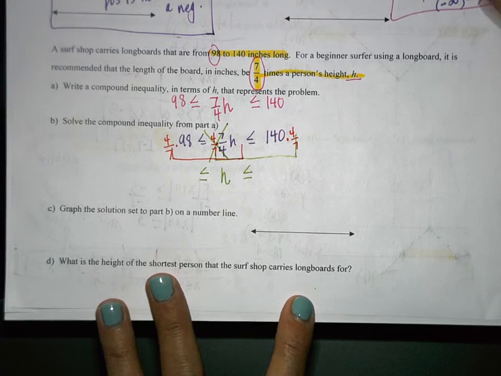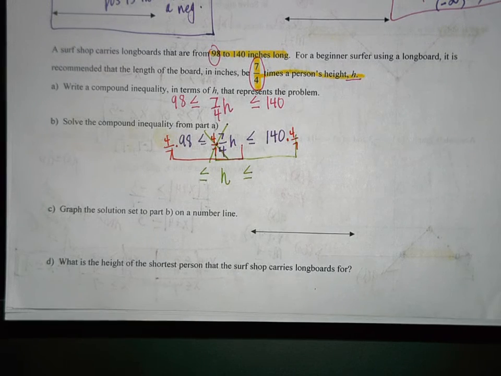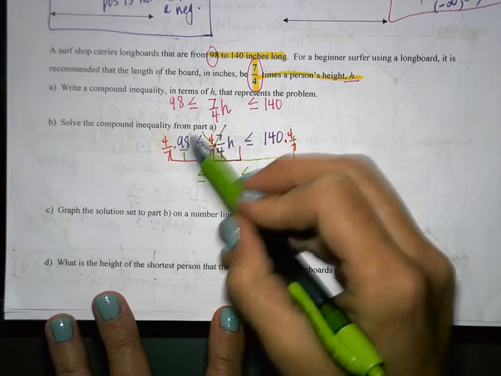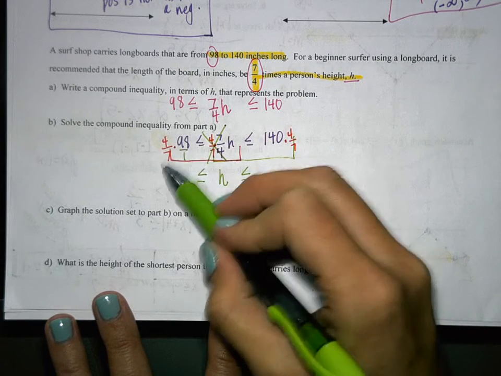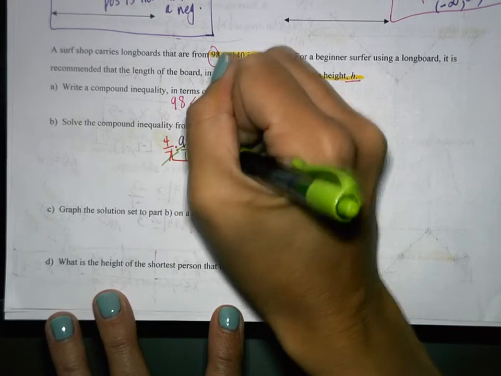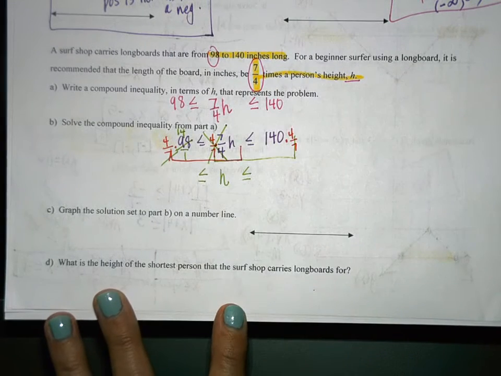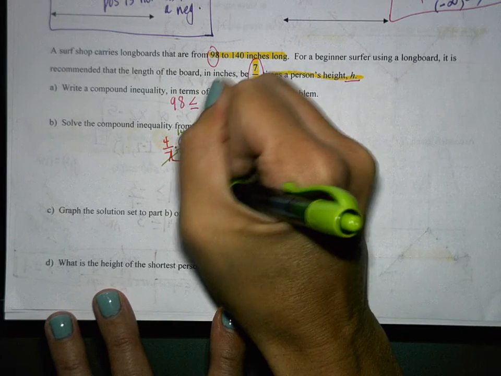Then we reduce both sides. Over here, 98 divided by 7 reduces evenly, and it goes in there 14 times. Then 14 times 4 is 56.